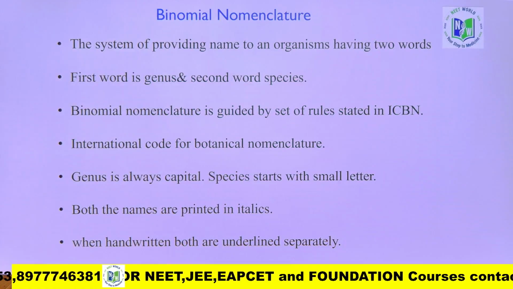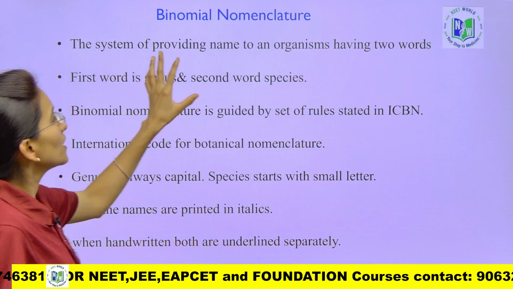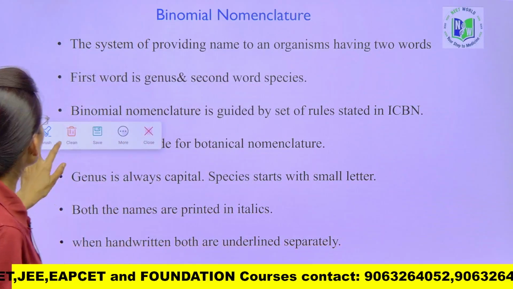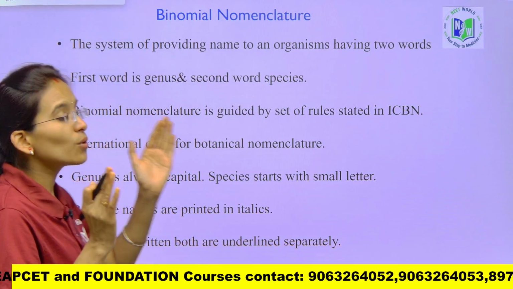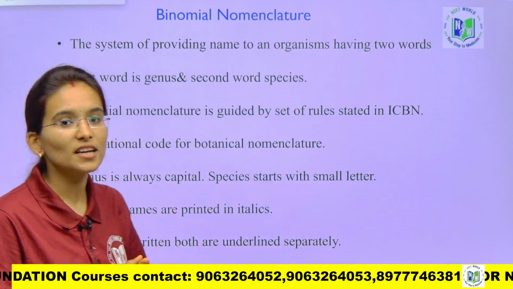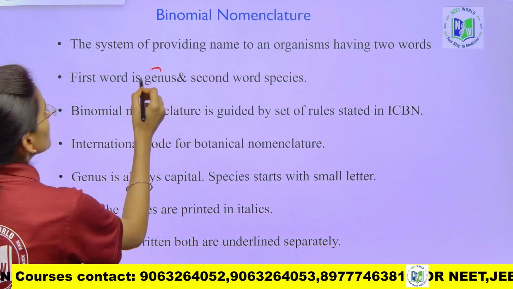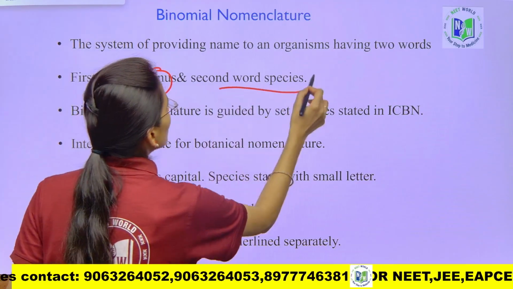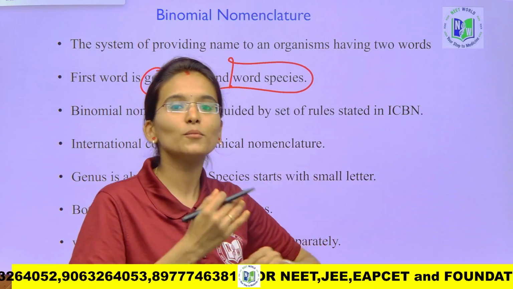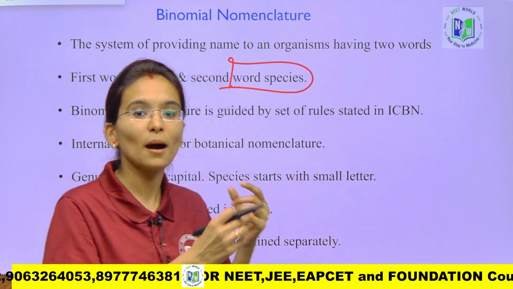The system of providing a name to an organism having two words is called binomial nomenclature. In those two components of the scientific name, the first word is genus and the second word is species. First look into the rules, then I am going to explain them by applying them.